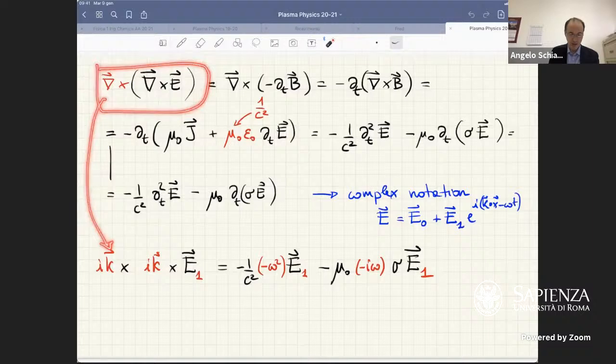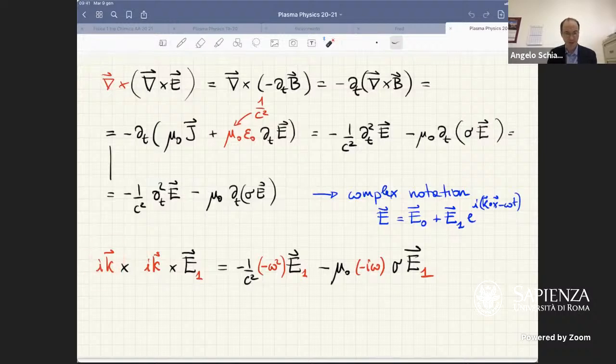So for every nabla operator, we have the multiplication by ik, i times the imaginary unit times the wave vector, and we substitute for E, which is the overall electric field, we take just into consideration the perturbation, since we are seeking for a wave solution.